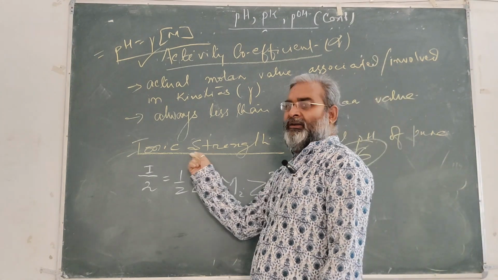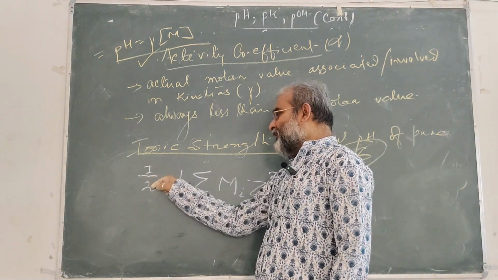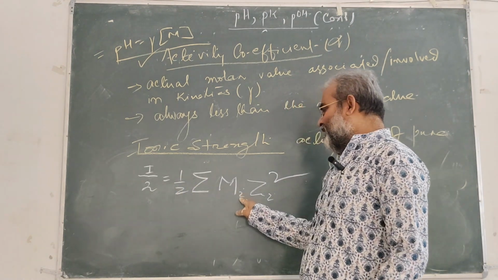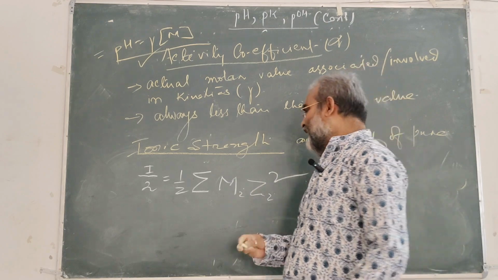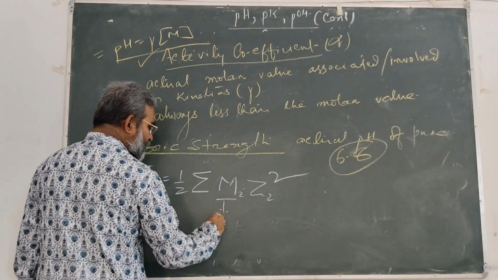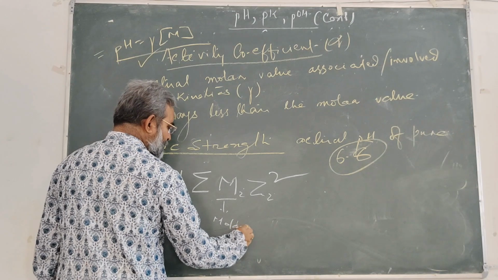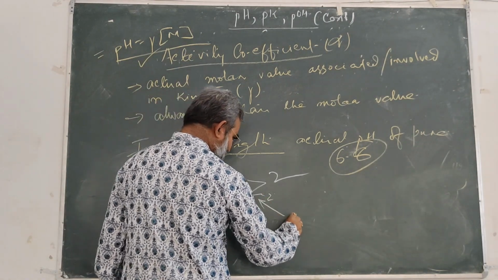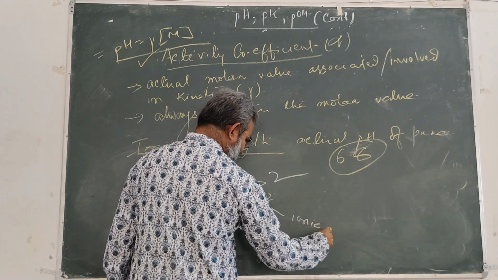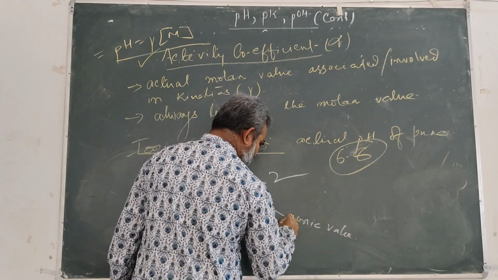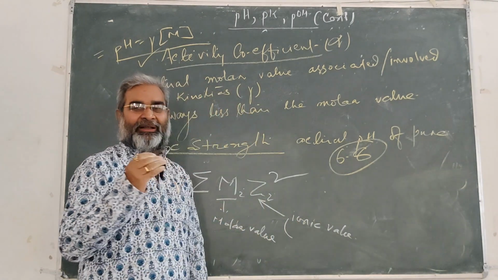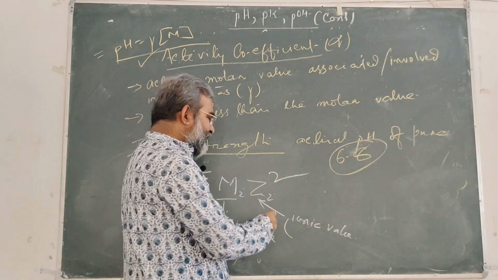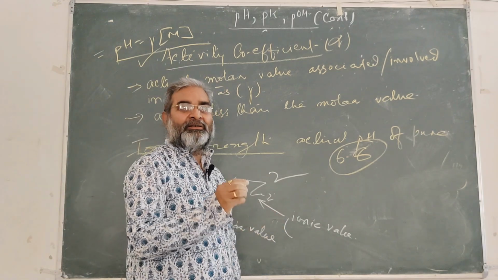In this condition, the ionic strength is calculated by I equals half summation mi Zi square, where m represents the molar value, Z represents the ionic value, that means either acceptance of the proton or release of the electron.